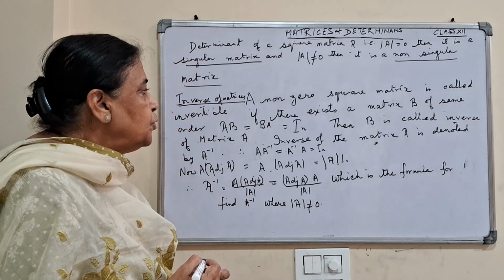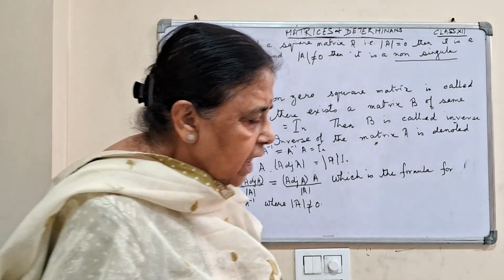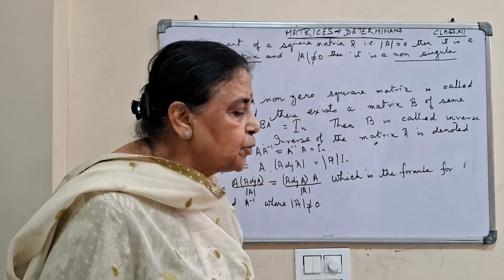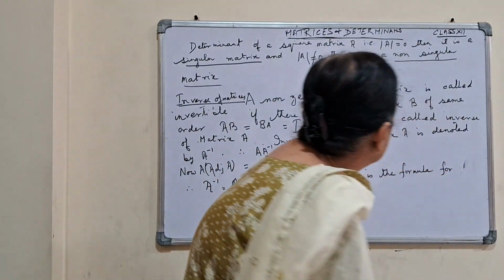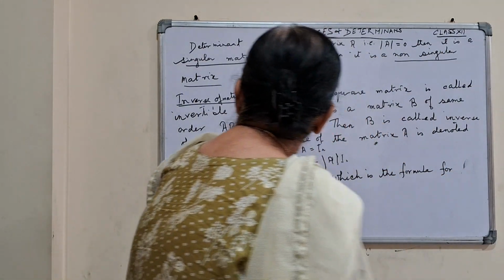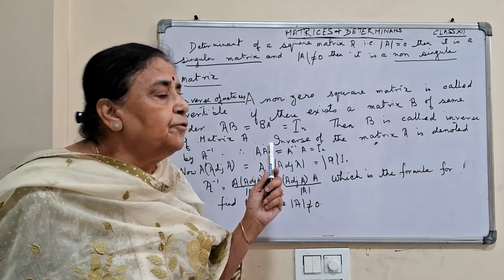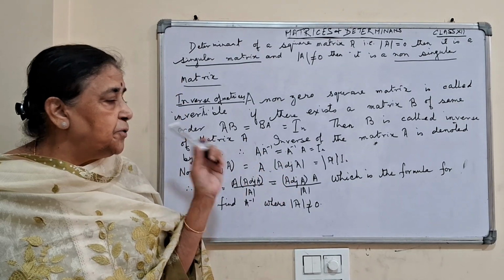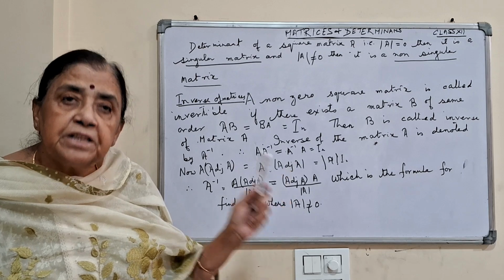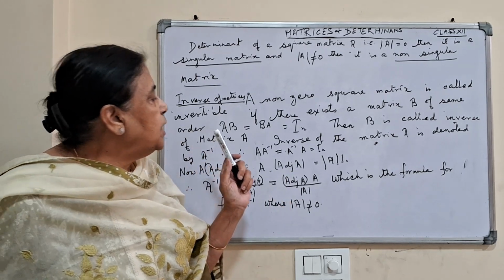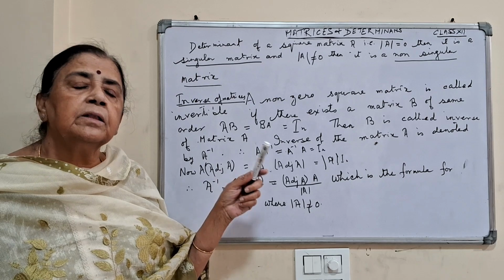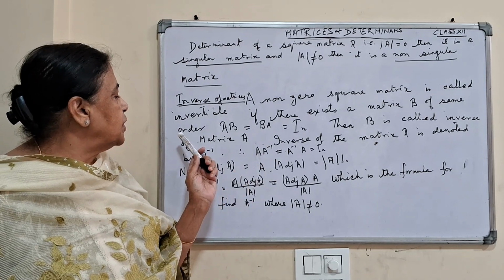A non-zero square matrix, always we will take a square matrix, is called invertible if there exists another matrix B of the same order. Suppose A is of order 3, then B will also be of order 3.